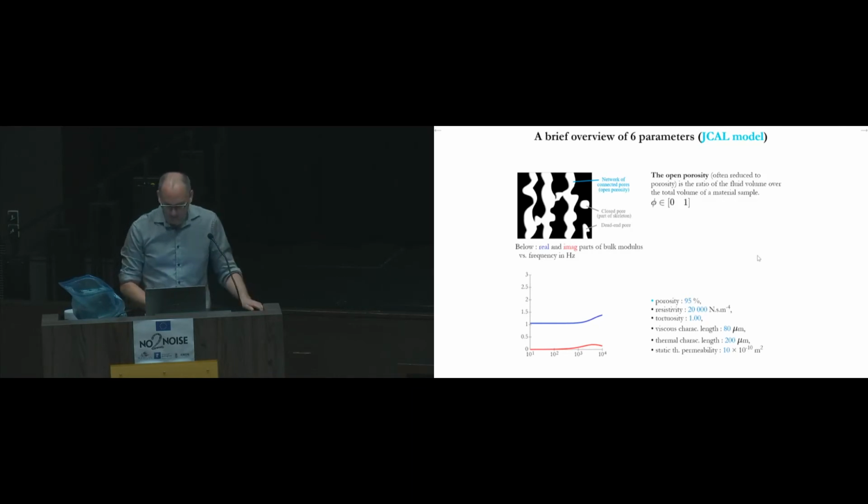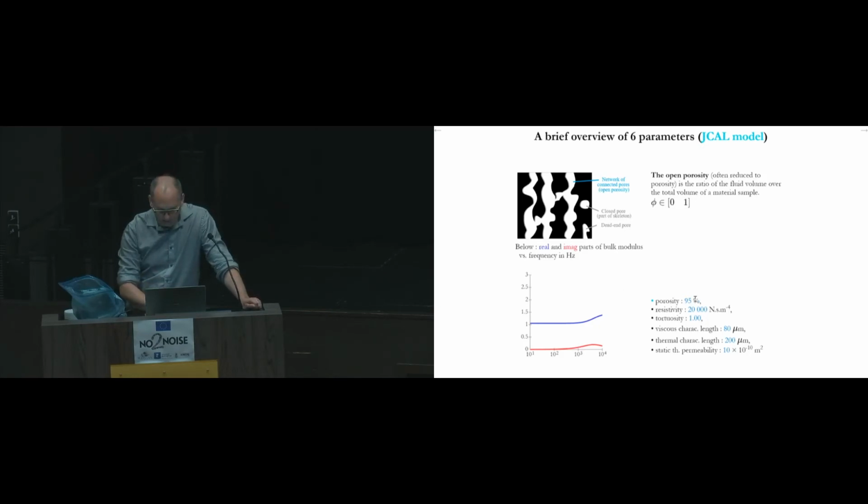This is science. Okay. So in this slide, I show you the real and imaginary part of the bulk modulus. I could also show you the mass density because phi, the porosity, is also involved in the mass density, but I chose to show the bulk modulus because it's maybe easier.